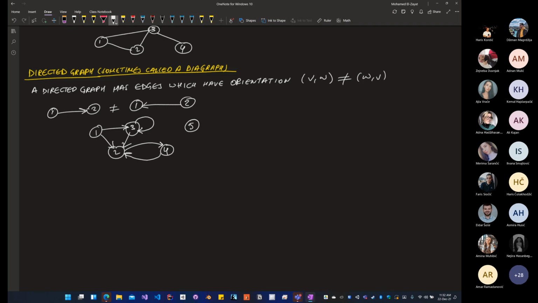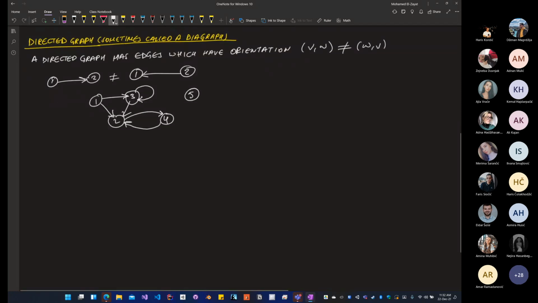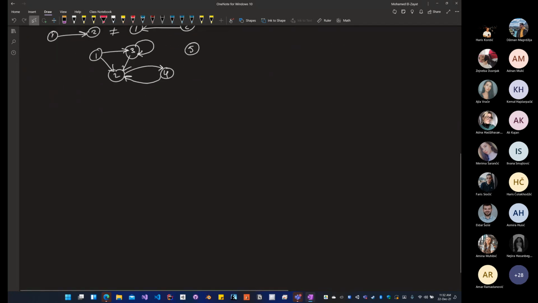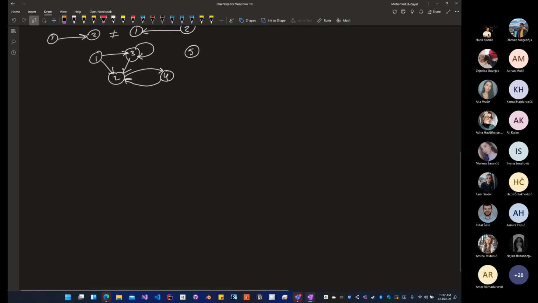You can think of it as an isolated city without roads connecting to it, let's say. All right, so moving along. So this is a directed graph. We have something which is called a weighted graph. So a graph that has weight information.